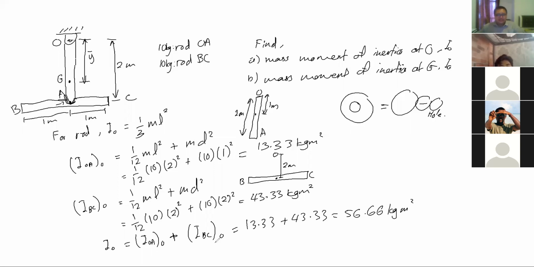That is the mass moment of inertia at point O. This is the mass moment of inertia at point O. It is the solution for part A.